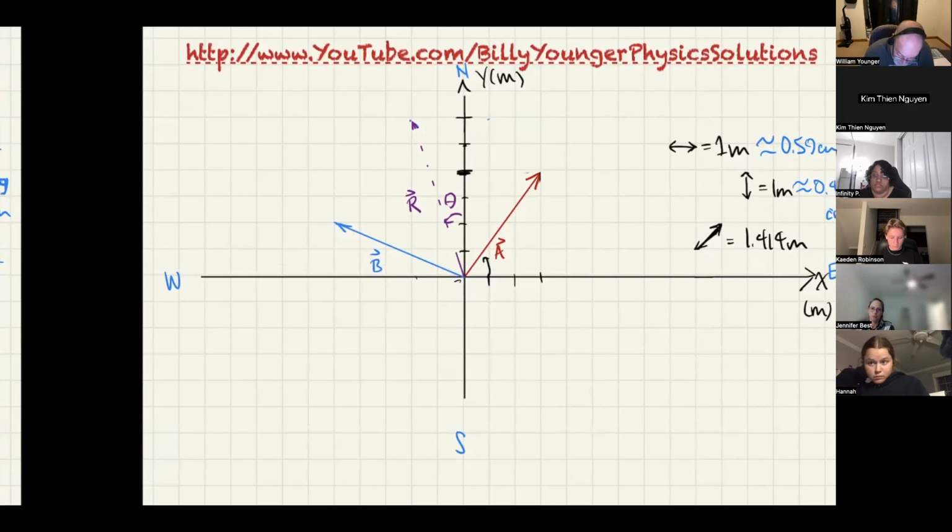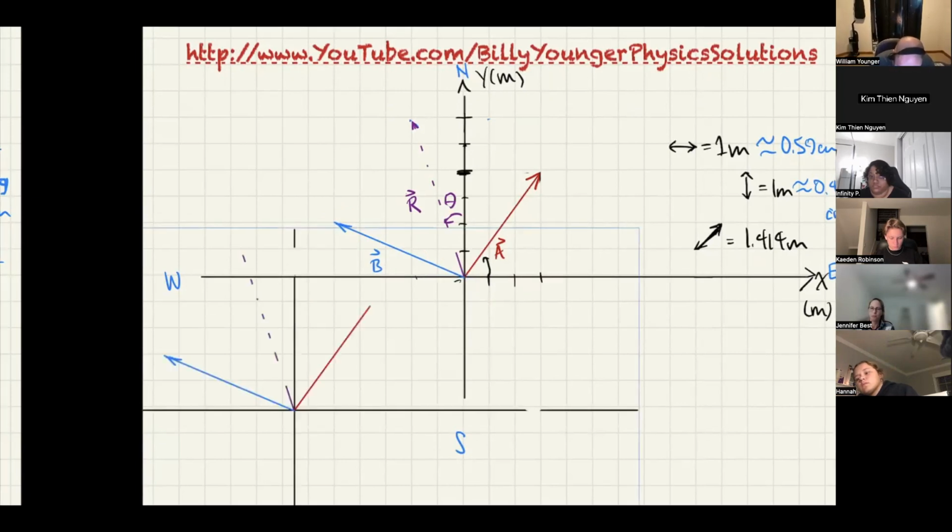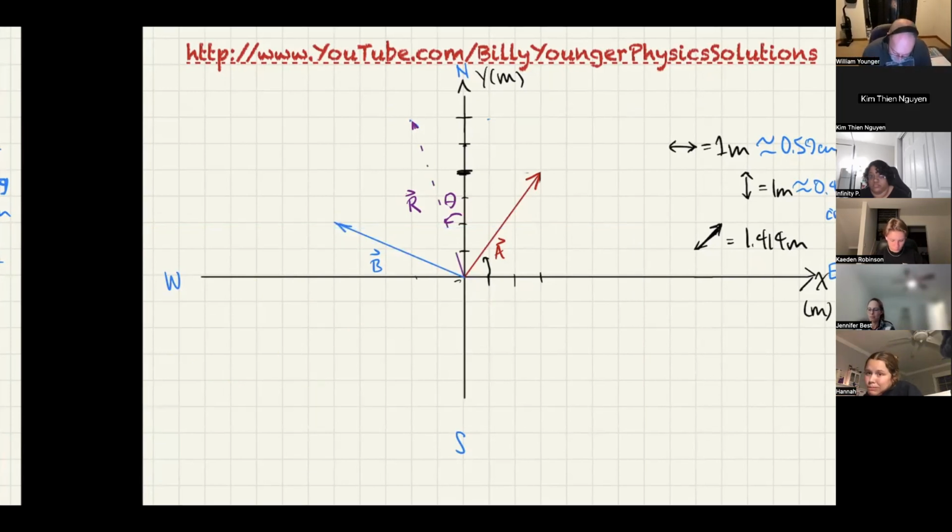What I'd like to do though is now let's see if I can make a copy of that vector using my lasso tool. What I'm going to imagine doing, that is definitely not what I wanted. I just wanted that itty bitty vector. What I'm going to imagine doing is drawing that same little B vector at the end of A, because I'm imagining taking that little B vector and sliding along A. Because remember, vectors have magnitude and direction.